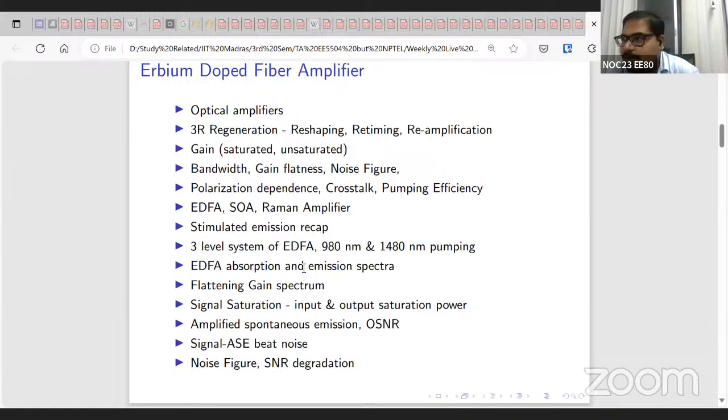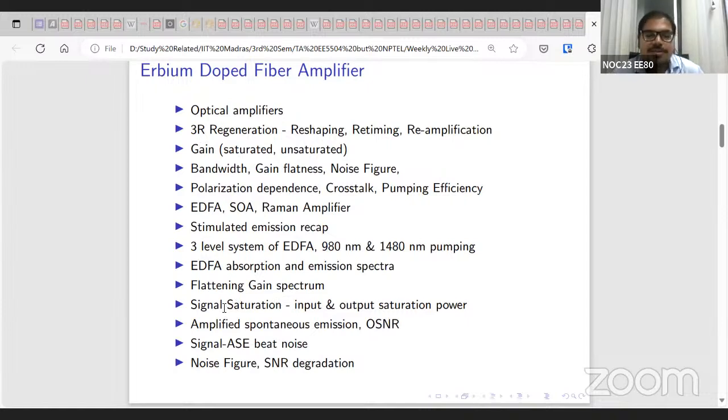Then absorption and emission spectra, which from the equation has a term varying with wavelength that captures how much gain you can expect to get from the EDFA. After introducing those equations and showing this gain spectrum, we also discussed how the EDFA doesn't give a flat gain, so we do some additional filtering to achieve a flat gain.